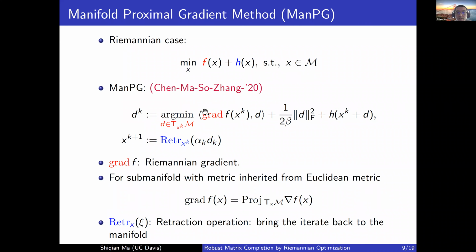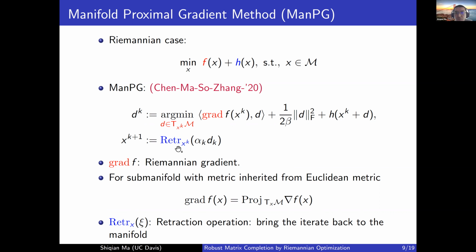So overall, this subproblem is a convex subproblem with very nice structure, and we can use efficient convex optimization solvers to solve it efficiently. After we compute d_k, we update x_k in this way.